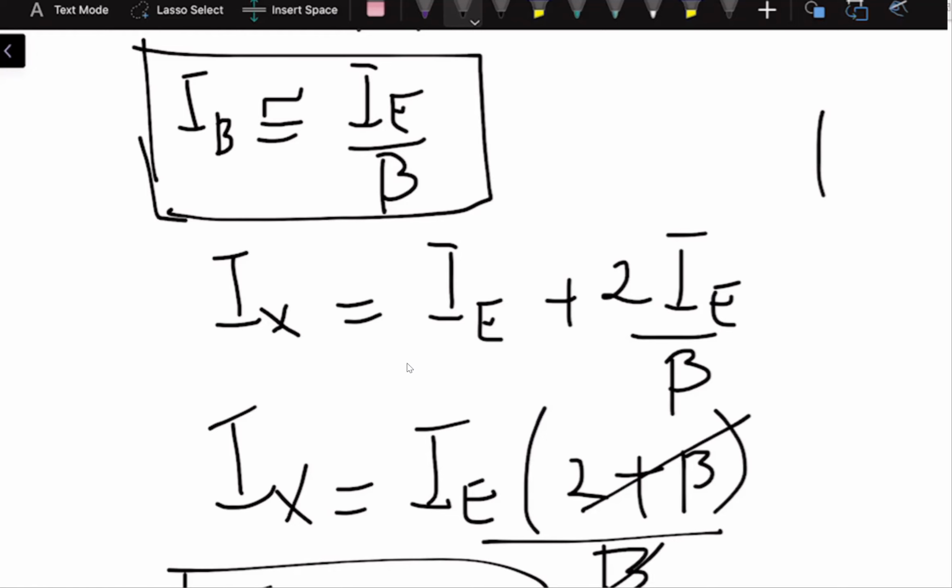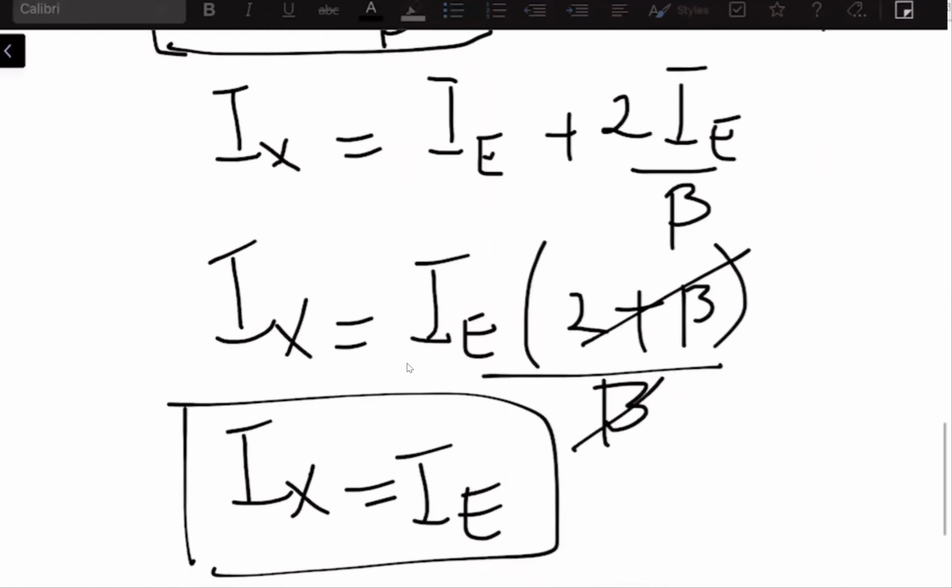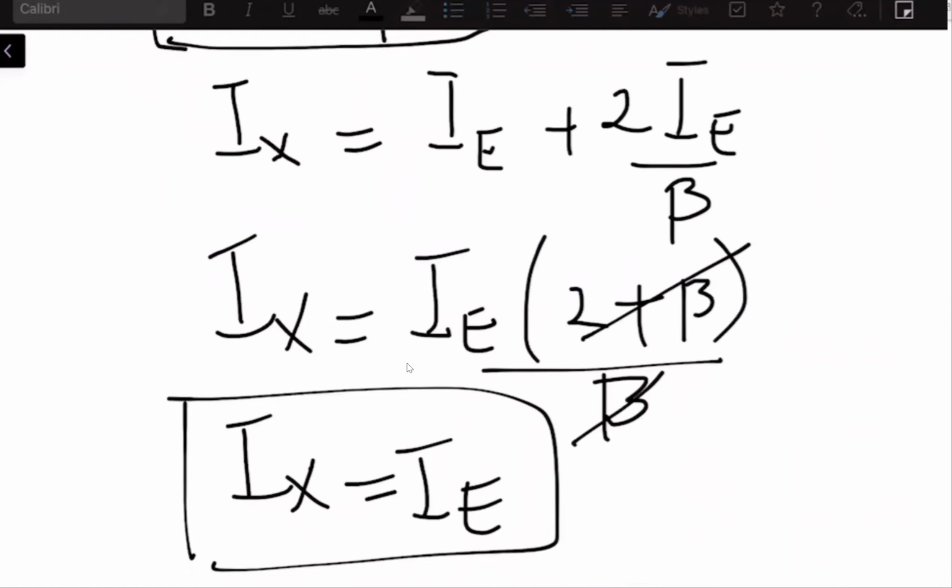Okay. And when you do a little bit of manipulation over here, we get Ix is equal to IE (2 plus beta) divided by beta. Are you with me now? And as beta is a big value, 2 plus beta is also approximately equal to beta, and therefore we cancel the beta with 2 plus beta. So therefore we are getting Ix is approximately equal to IE, right?